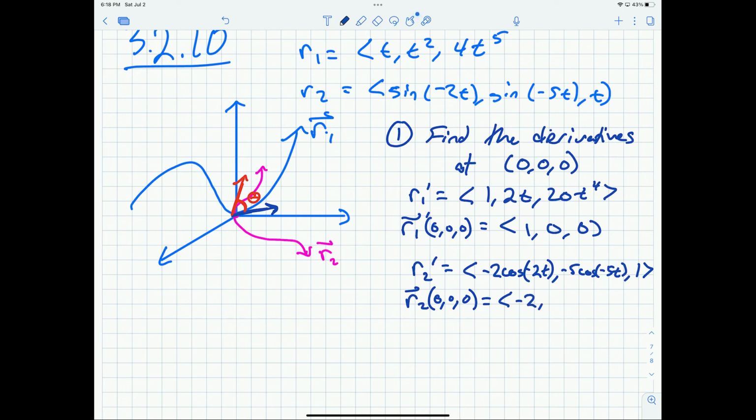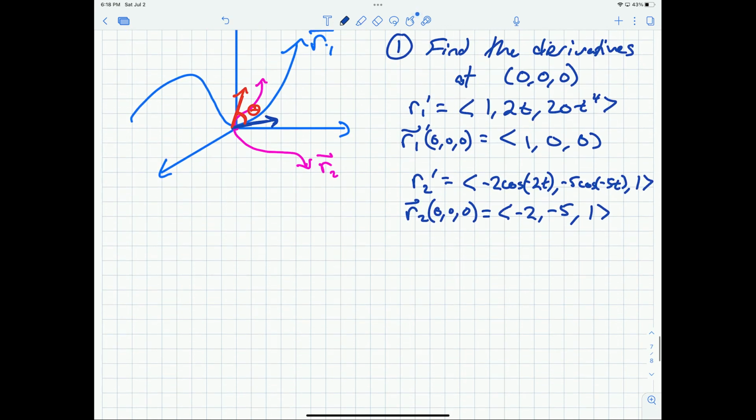Cosine 0 is 1, so we get -5, and then 1. Okay, so at this point, we've got two directions, and we want the angle between them. So now find the angle between the two directions that we found.